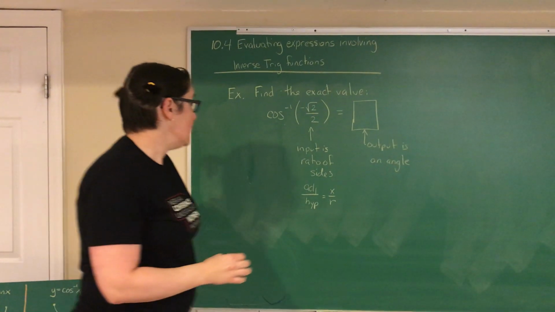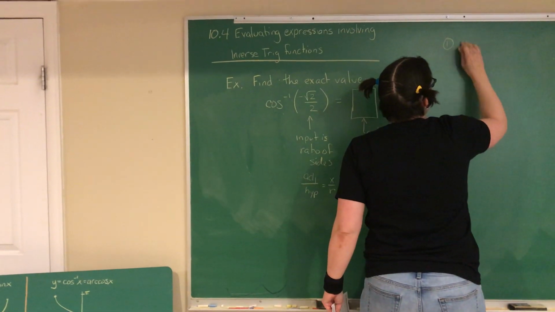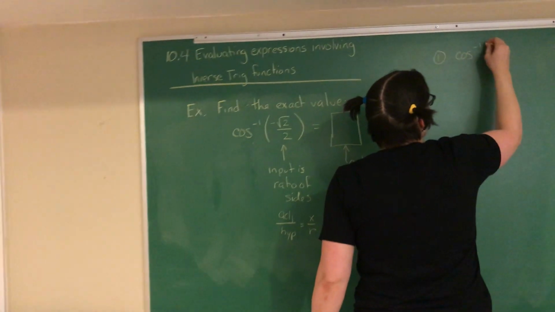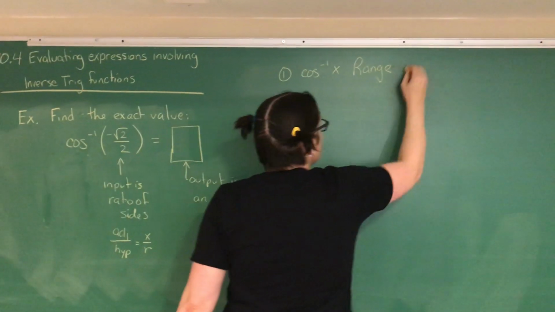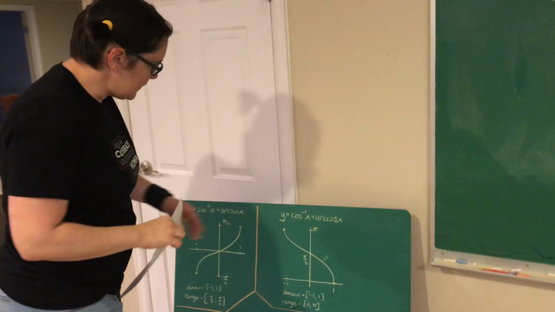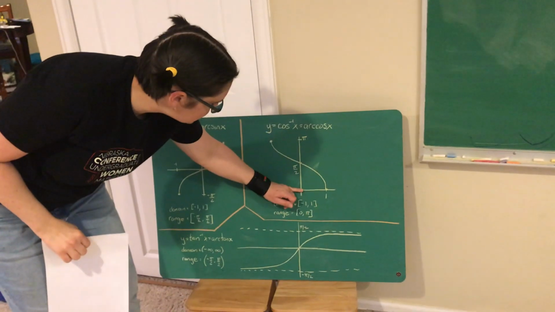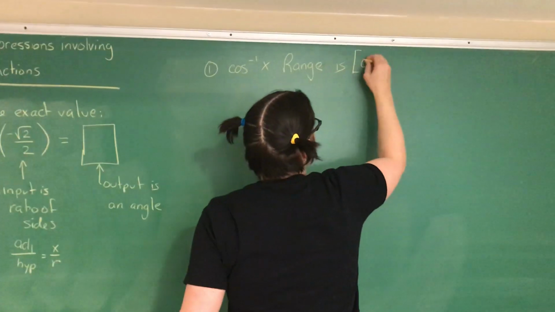Now, when I think about the arc cosine or inverse cosine function, the inverse cosine range, well, let's see, if I remind myself about this, the inverse cosine function has y values that go from 0 up to pi, so our range is 0 to pi.